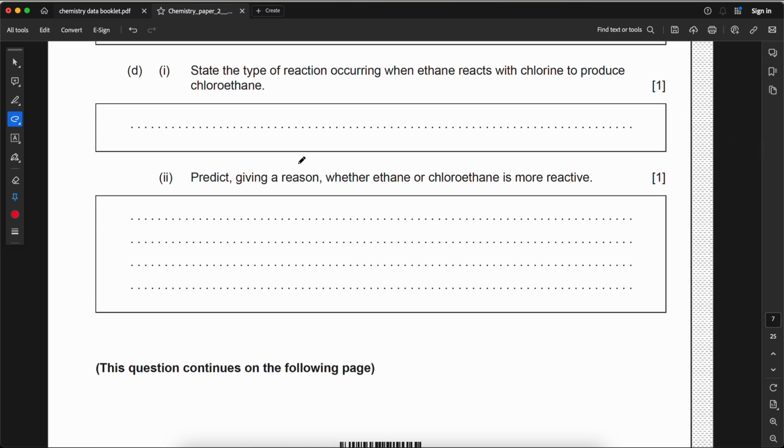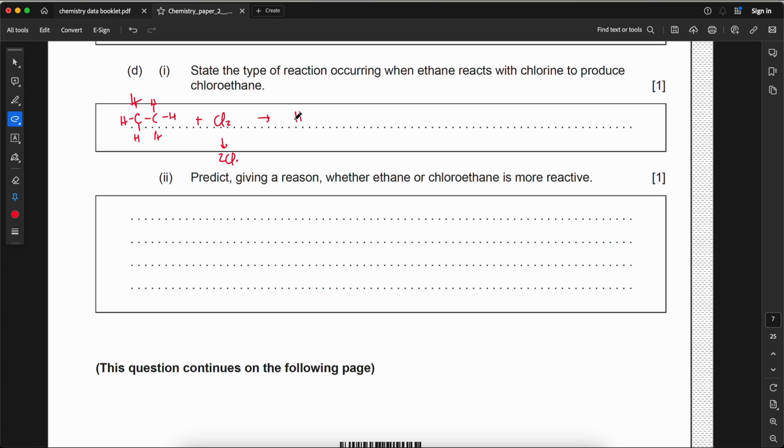State the type of reaction occurring when ethane reacts with chlorine to produce chloroethane. So ethane, C2H6, reacts with Cl2. This Cl2 splits to produce chlorine radicals.